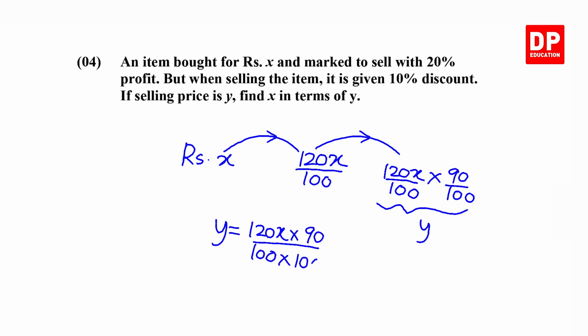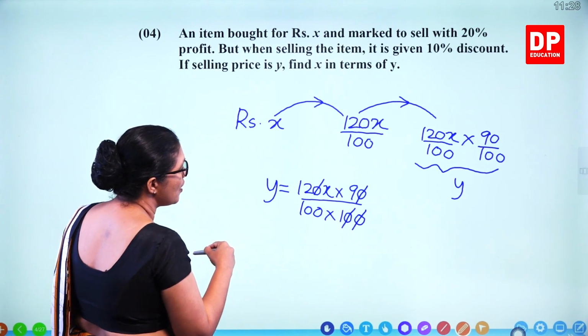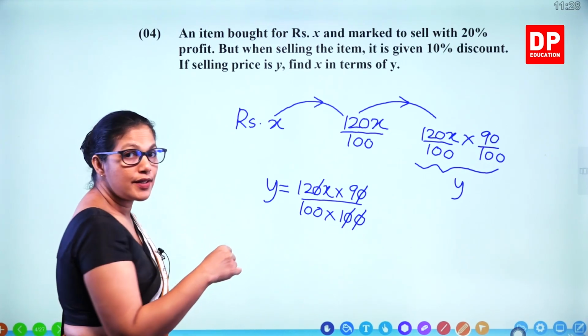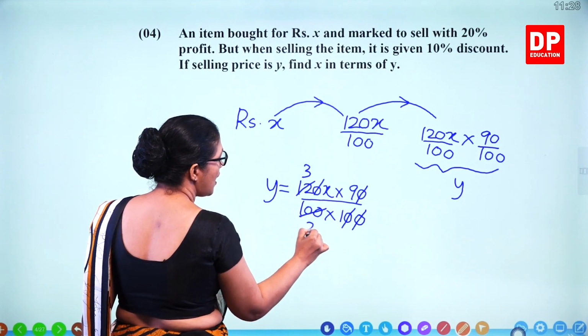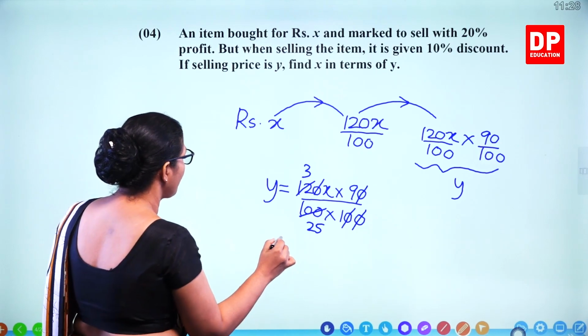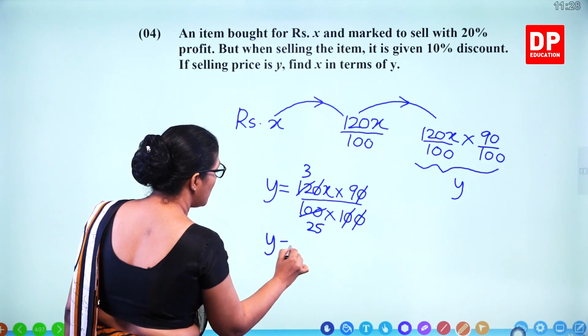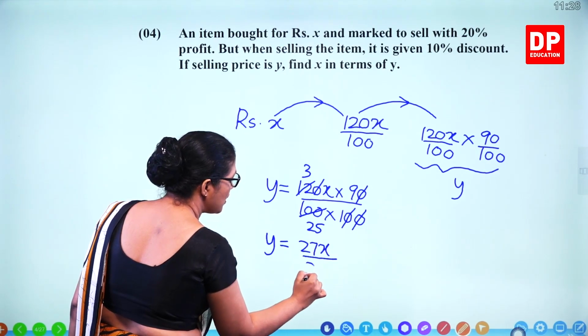Simplify. The 0 gets cancelled out with this one. 12 and 100, you can divide by 4. 4 times 3, 4 times 25. That's all. So you get Y equals 3 times 9, 27, x over 25.